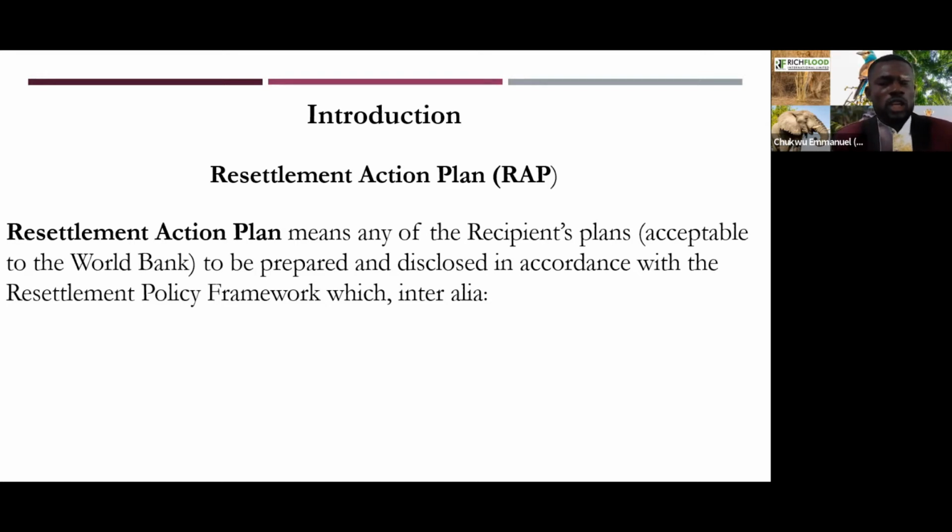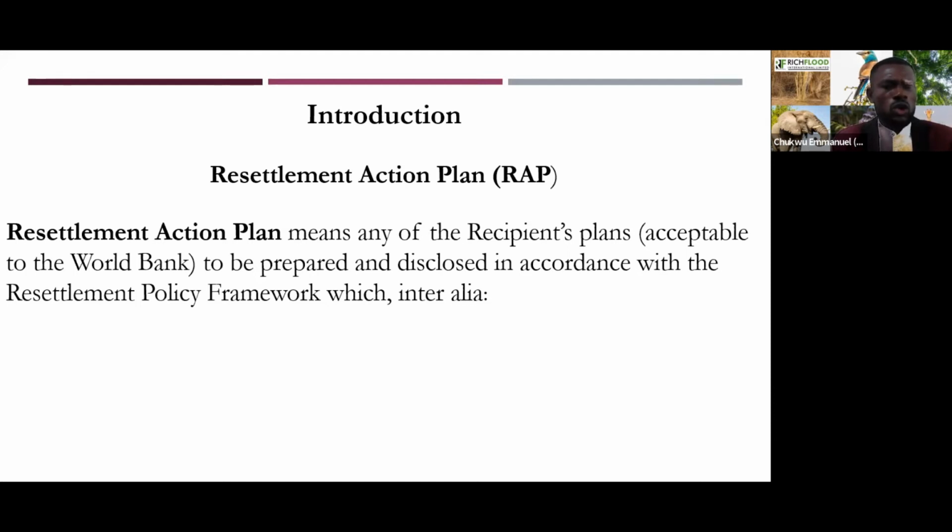This document, which we call the Resettlement Action Plan, describes the compensation that needs to be given to people that have been affected, and how consultation procedures need to be put in place, and also how alternative measures could be taken to ensure that these affected persons are compensated accordingly.